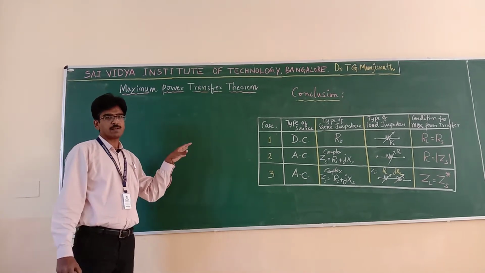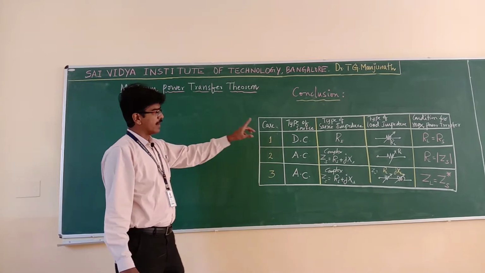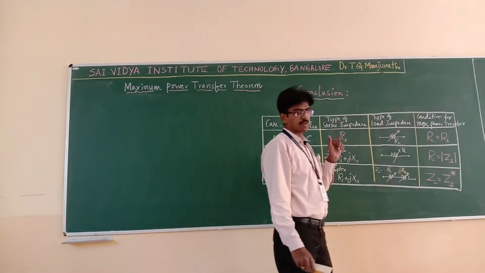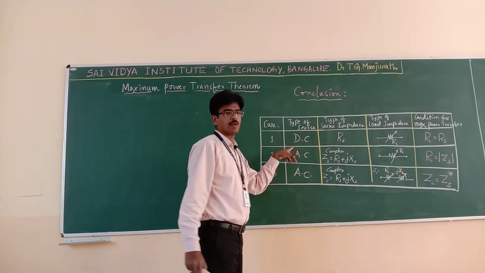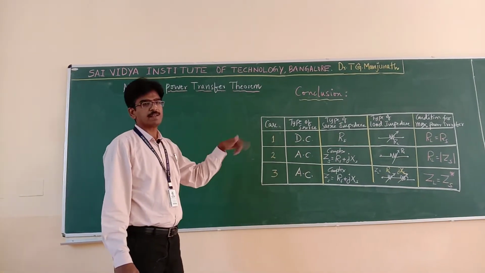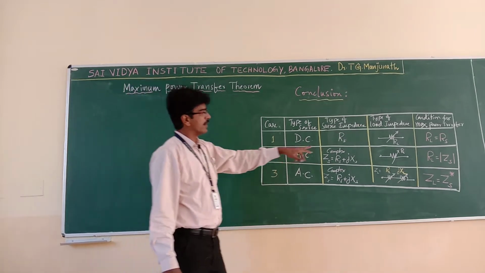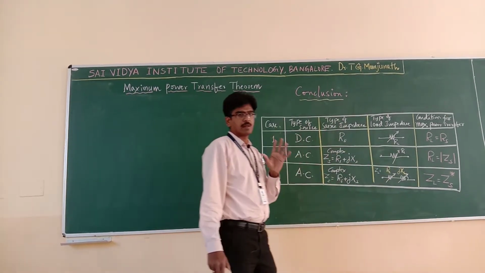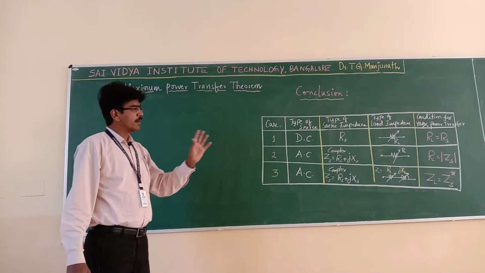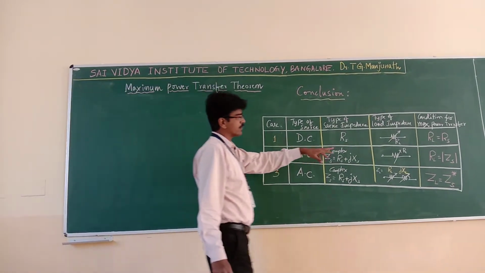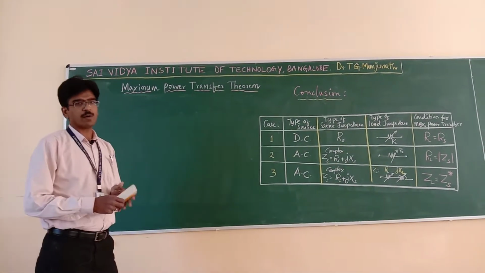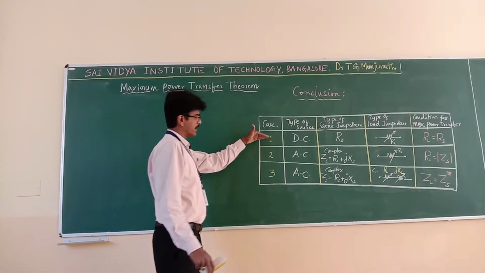Once we get it, we apply the condition of maximum power transfer for that circuit, depending upon whether it is an AC or DC circuit and what the load is. Depending upon the data in the problem, we can decide the condition for maximum power transfer. Now, let us work out the problem for each case.